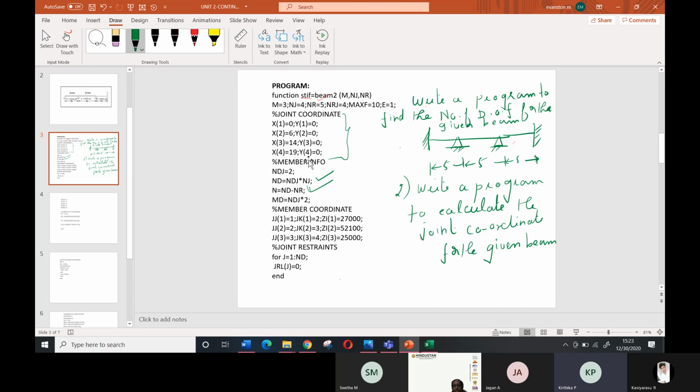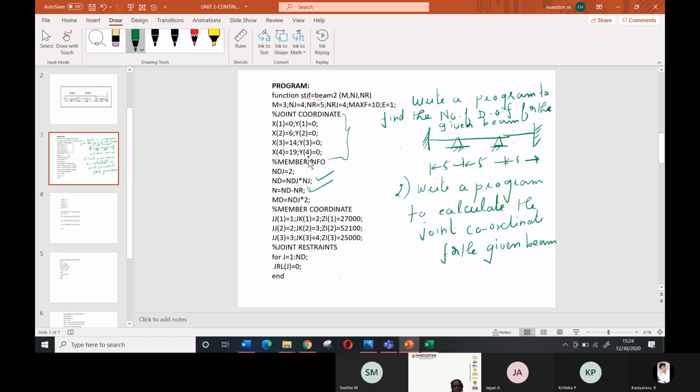Ma'am, what is max of, ma'am? M max, number of members. Maximum number of members. Any notation, you can change the notation because I have kept like that.